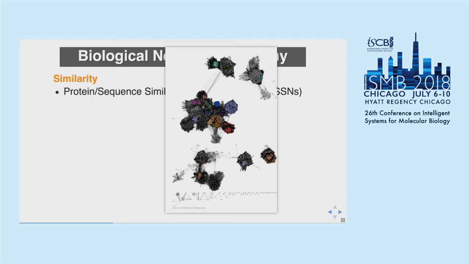Everything that is gray has unknown function, right? So I would be pretty confident assigning this function to this protein based upon this analysis. And in fact, there's a website called the Structure Function Linkage Database that's doing exactly this kind of thing.